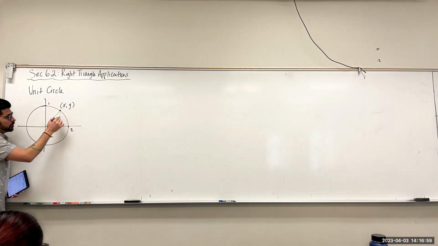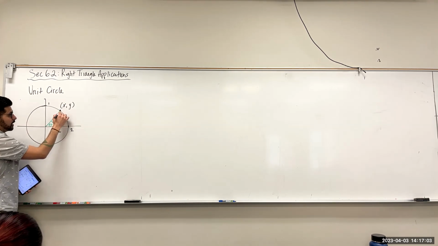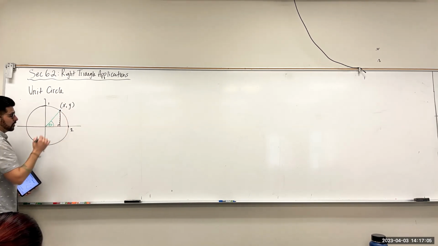And as I rotate it, as we've been doing, we drop down this vertical line, and then it gives me this nice little right triangle.